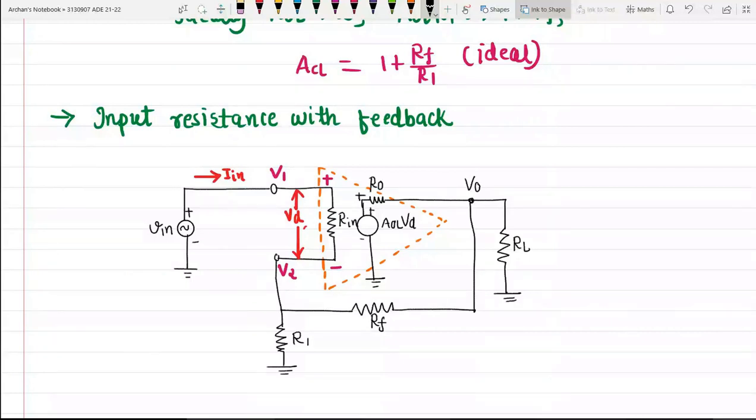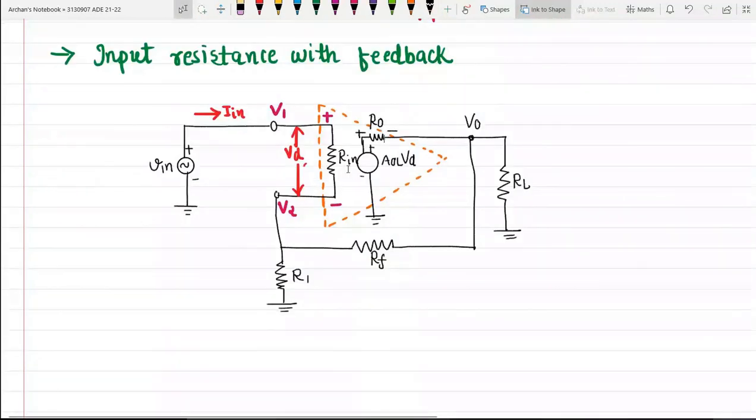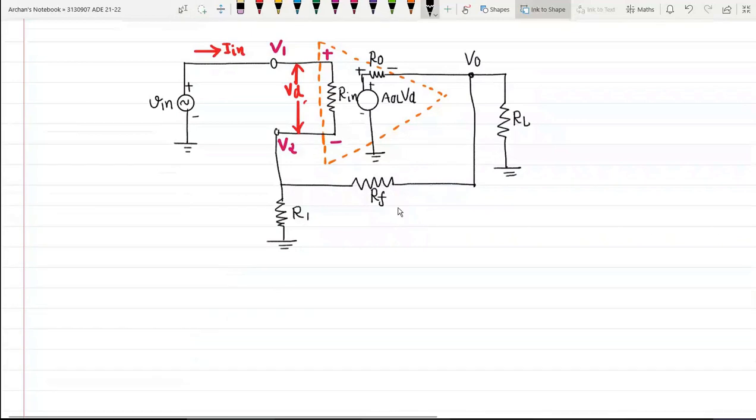This is the voltage drop across R0. All the parameters are considered. This is my input resistance R in, and this is with feedback. Now we are interested in finding the value of R in. There will be a voltage VF across this.